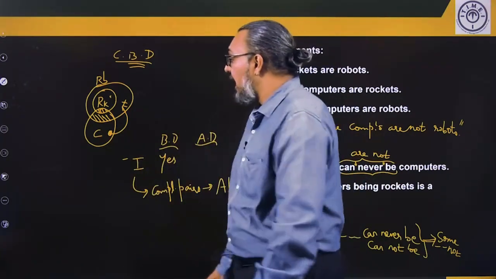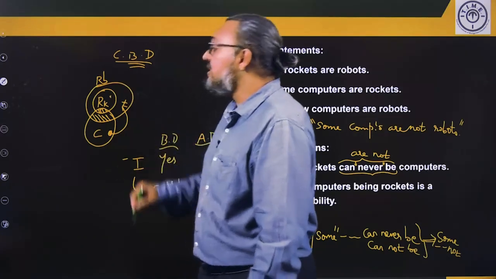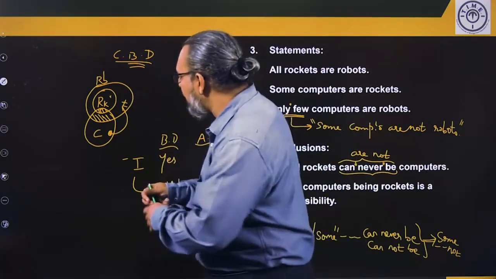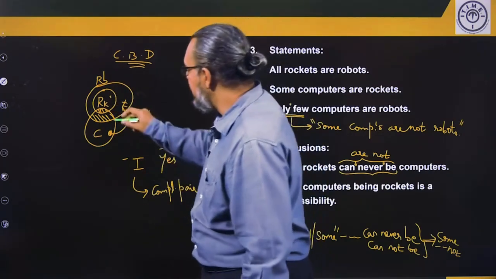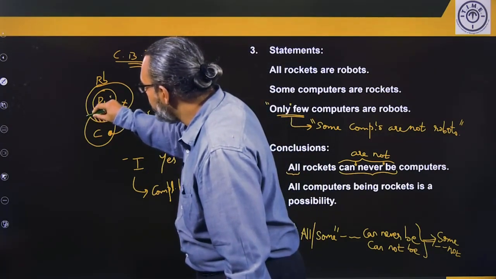Now you have to understand, can I take all the rockets inside computers? See, like this, I am just going to extend the boundary of the C circle like this.